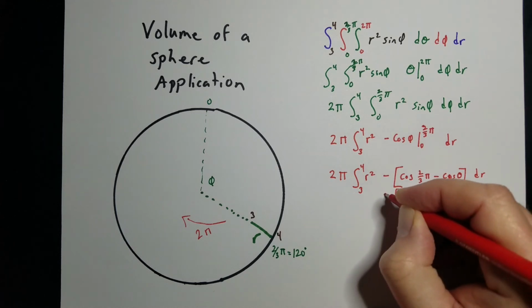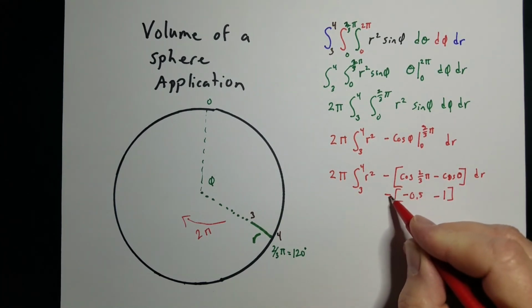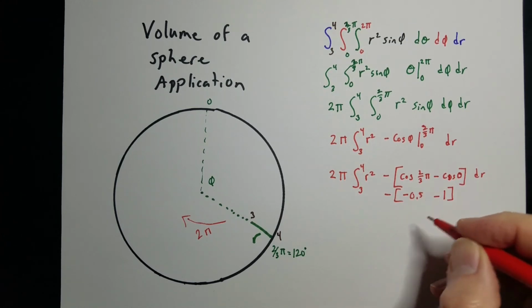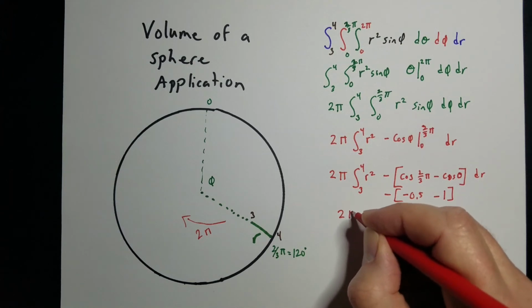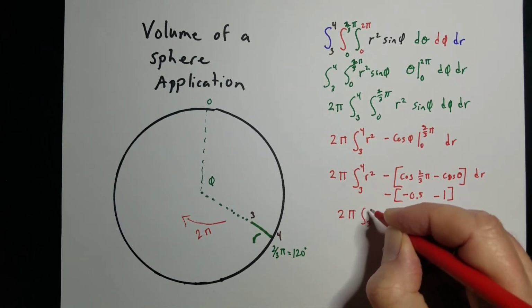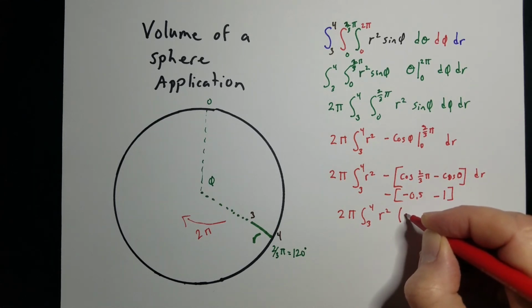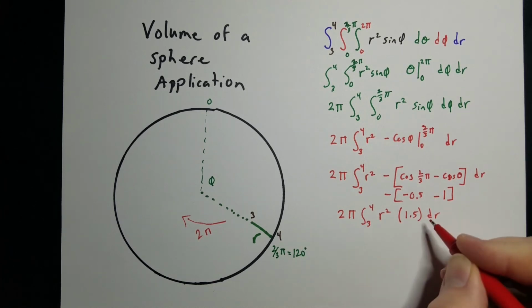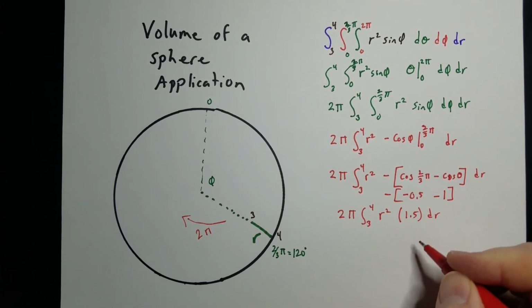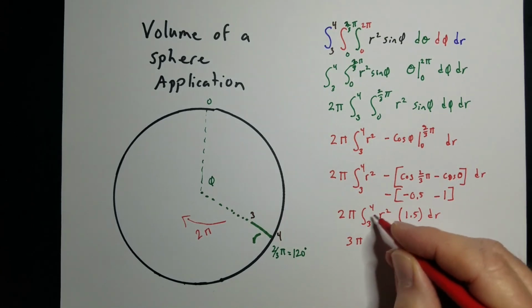And that whole thing has a negative sign in front of it. So this is negative 1.5 times negative 1, so that's just 1.5. So I want to clean this up. 3 to 4, r squared. That's going to be 1.5 dr. And I can move that out. So 2 times 1.5 is 3. So that's 3 pi. And we have to take the integral of this.